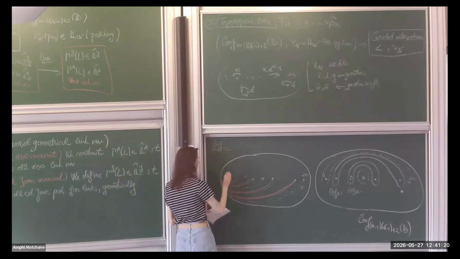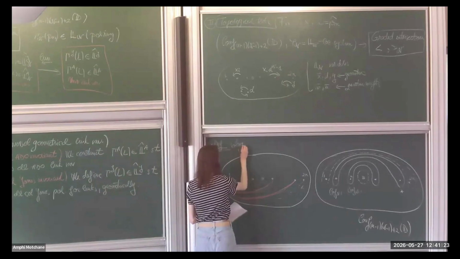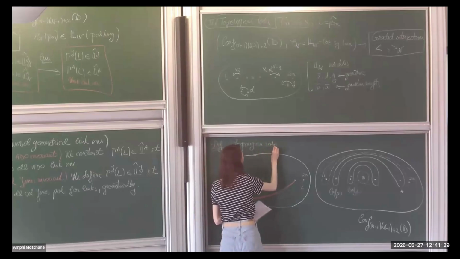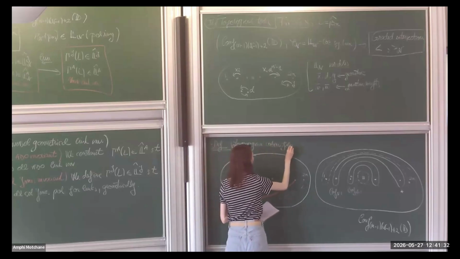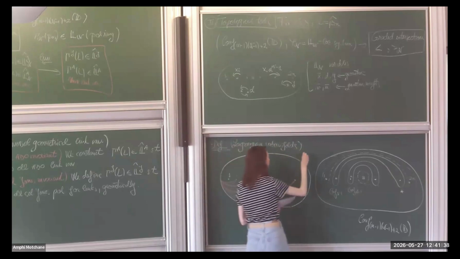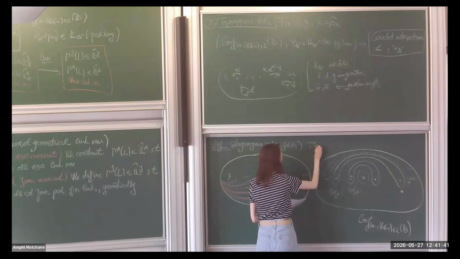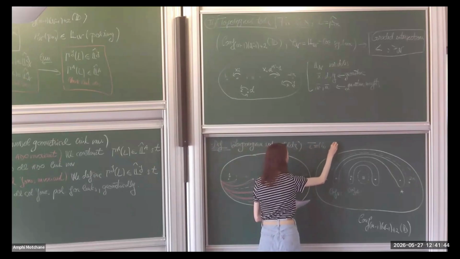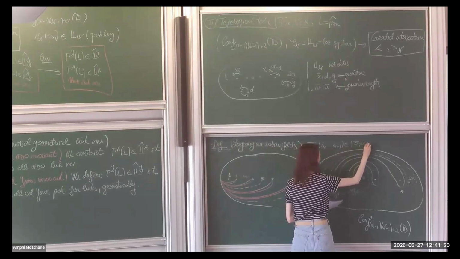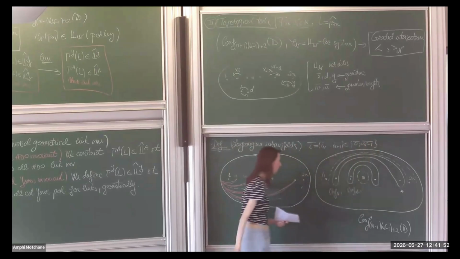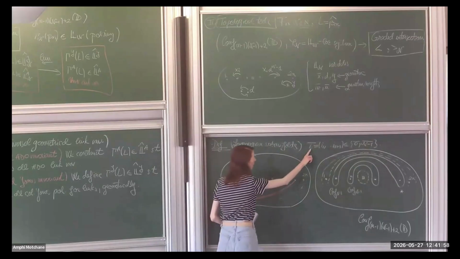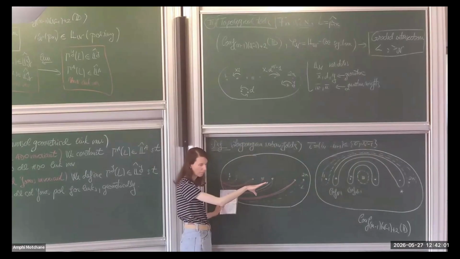So what we do is to define Lagrangian submanifolds, which are indexed by some tuples I bar, which has little n minus 1 components, which can vary between 0 and the color minus 1. So for each I, I will construct two submanifolds.